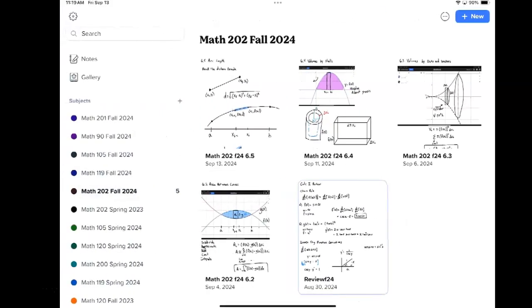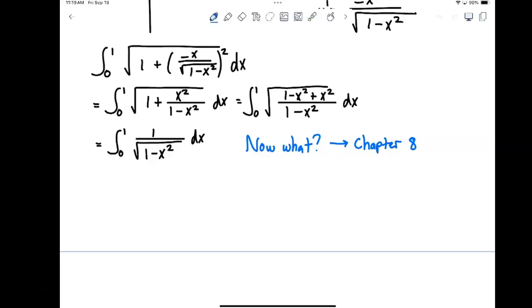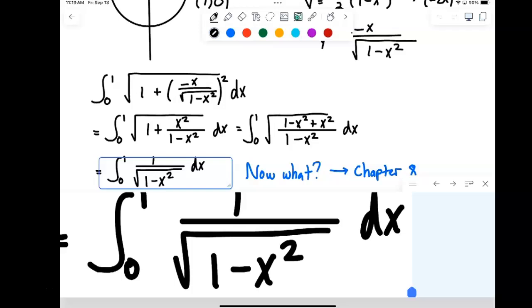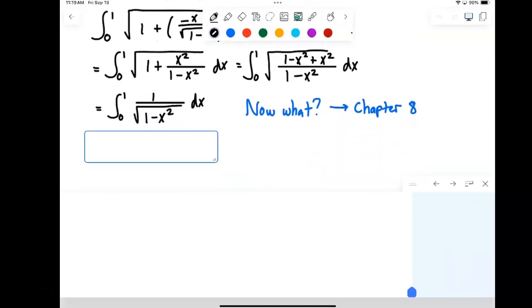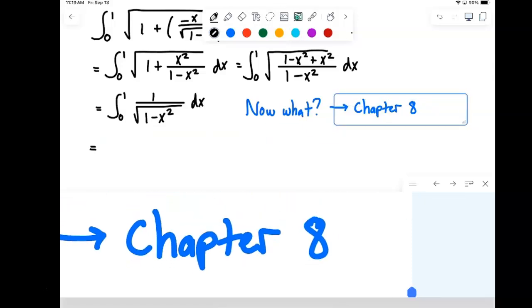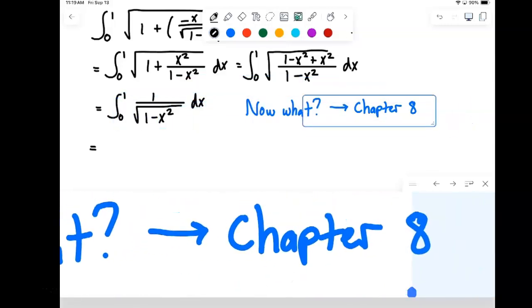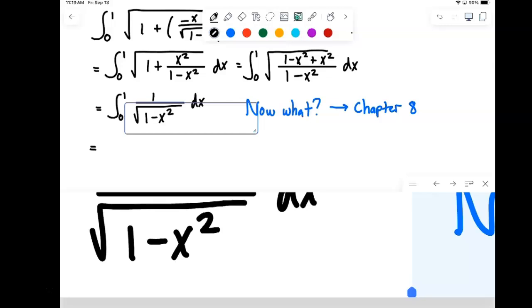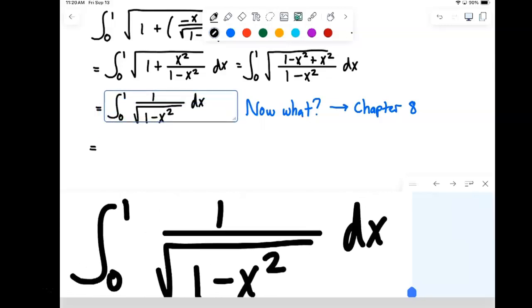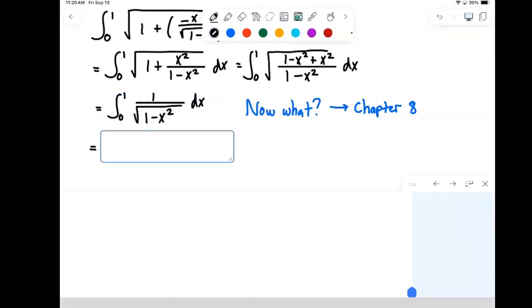So going back to our problem now, based on that new observation, and by the way, chapter 8 is going to be looking at something called trig substitutions. That's what we're going to eventually see to do this problem. But for now, we recognize that as the derivative of the arcsine function.